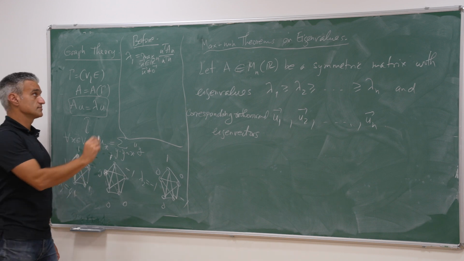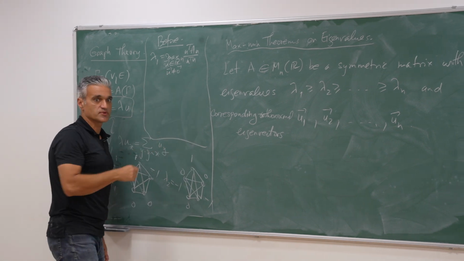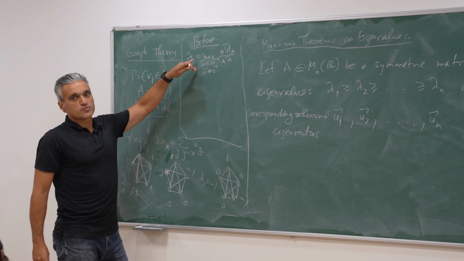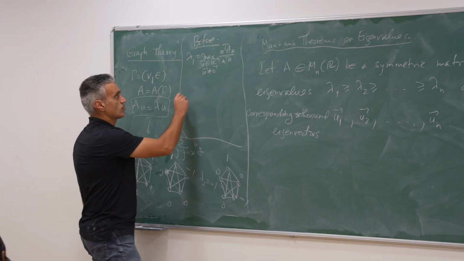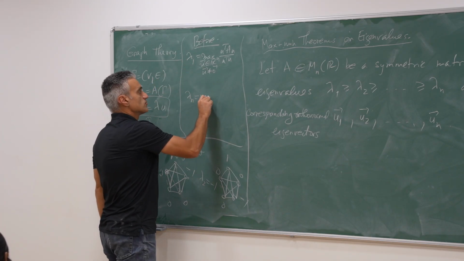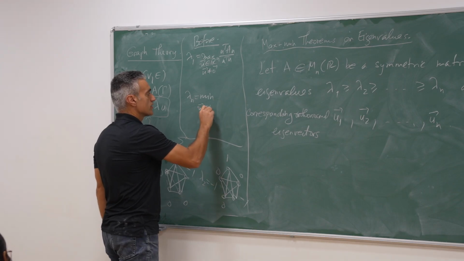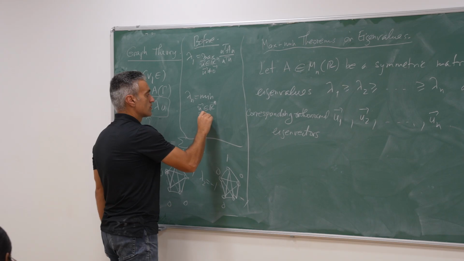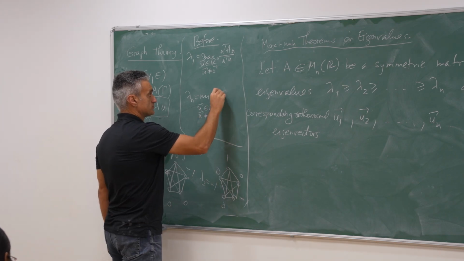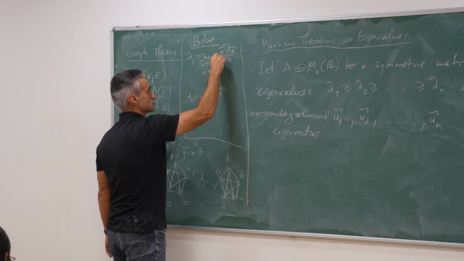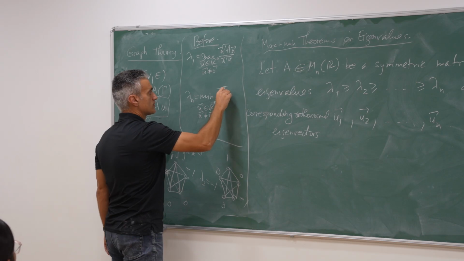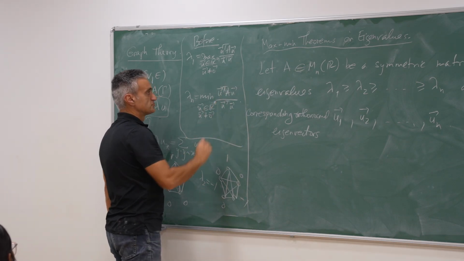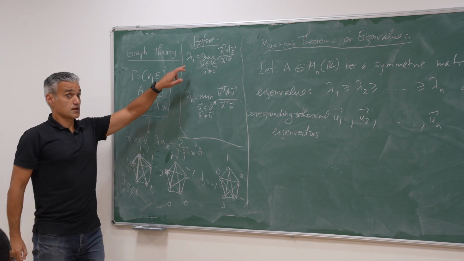Once you normalize, you do the same thing with norm 1, but I'm not going to. And from the same proof, you can get the obvious thing that lambda n is the minimum over all u in Rn of this Rayleigh quotient. Okay. So lambda 1, lambda n.